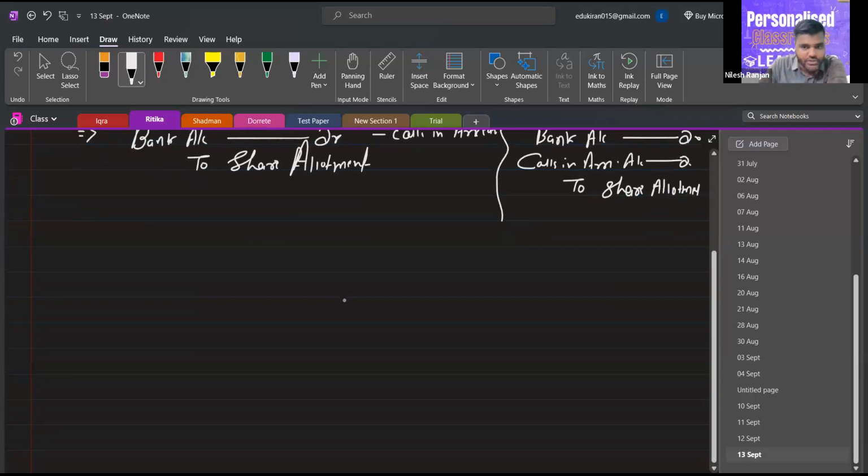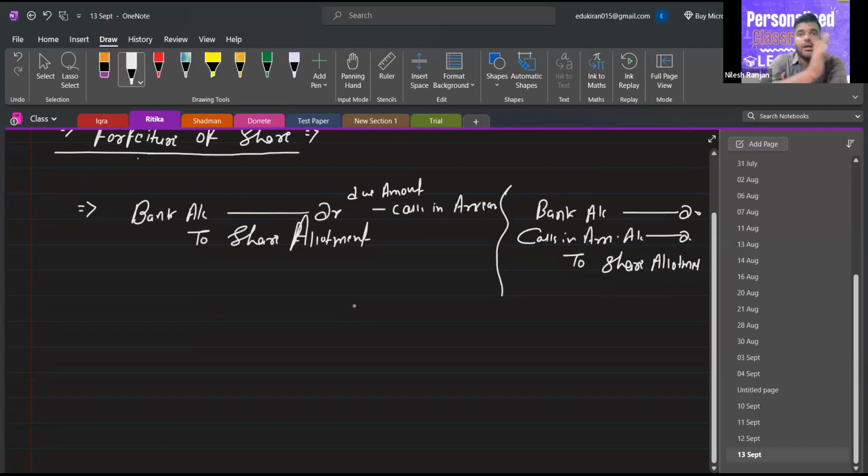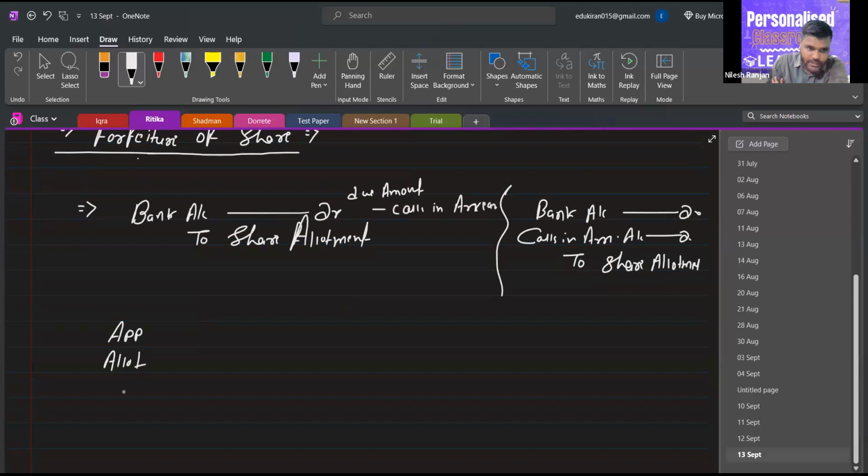Now, due to this entry, we will forfeit the share. In forfeiture, there are two situations also. Let's say there are three calls: application, allotment, and first call. Let's say someone did not pay the allotment money, so calls in arrears in allotment.